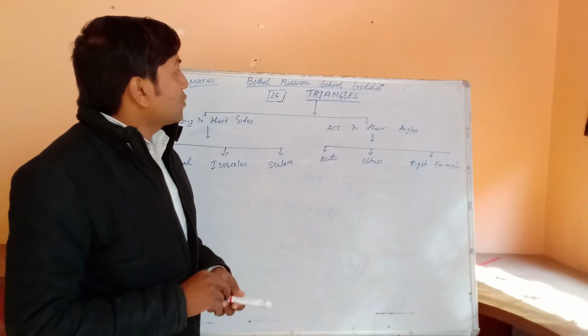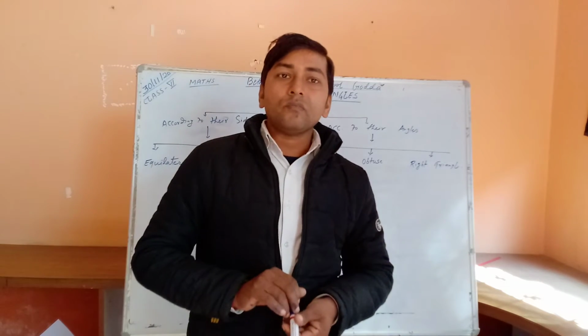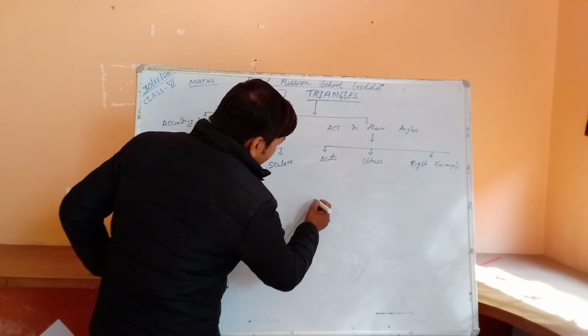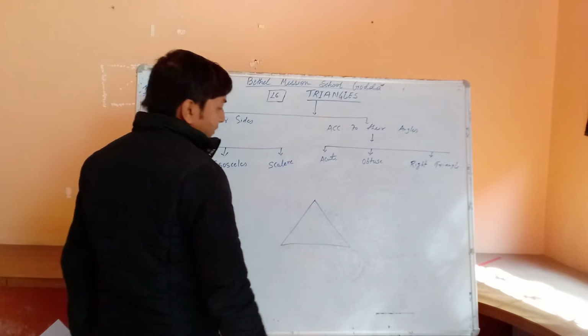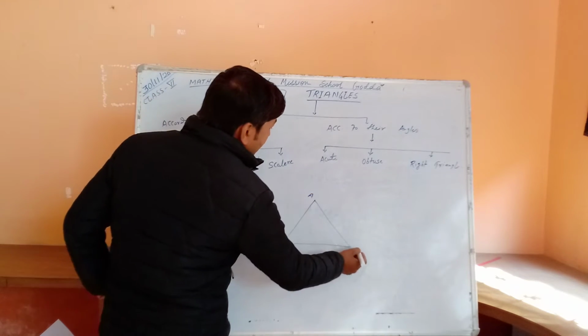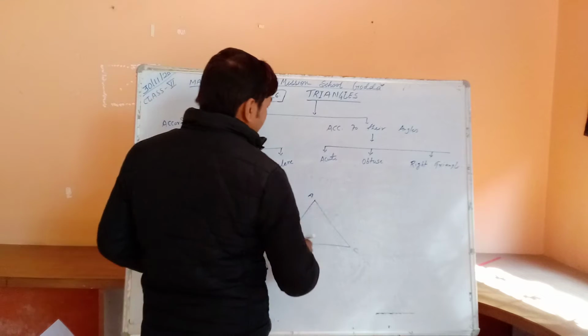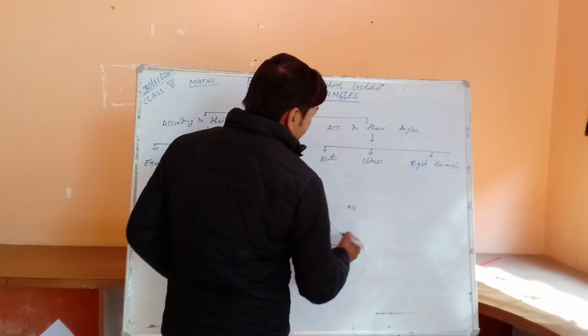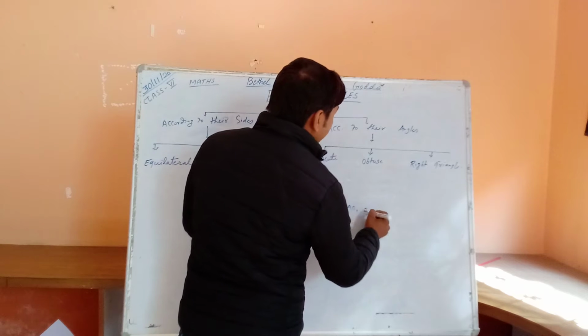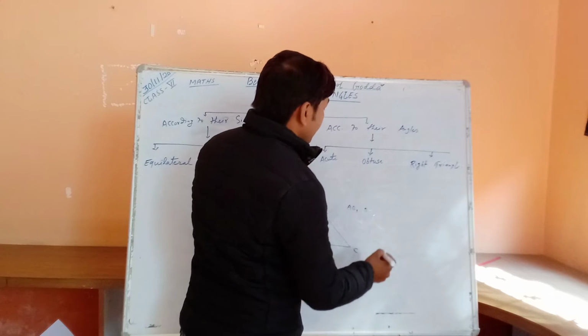How many parts does a triangle have? You know already. A triangle has 3 sides: AB, BC and AC.